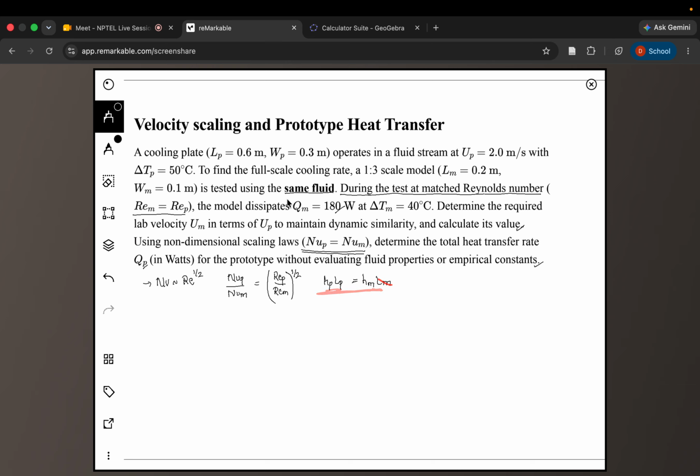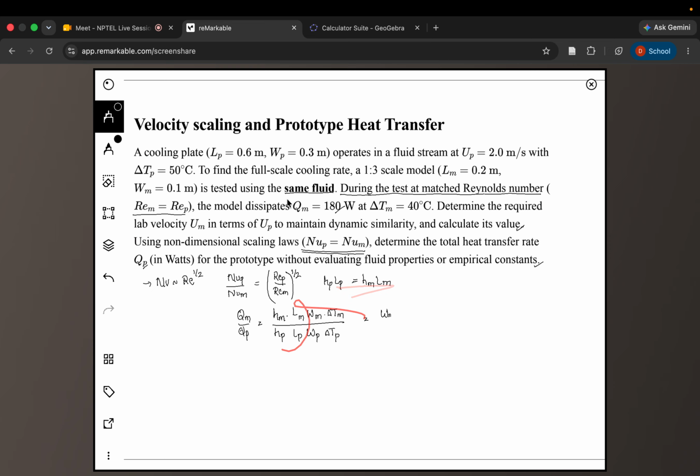The heat transfer rate, if I have to write, will be the heat transfer coefficient times the area times delta T. So we know HPLP equals HMLM, so these things will go off.